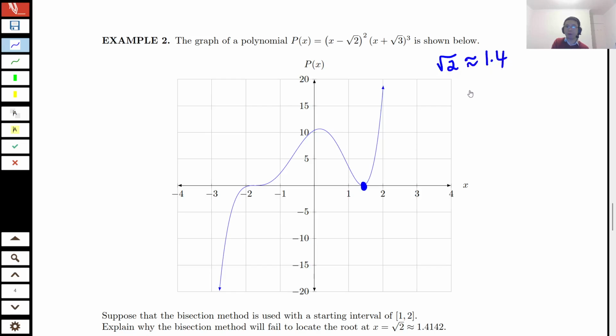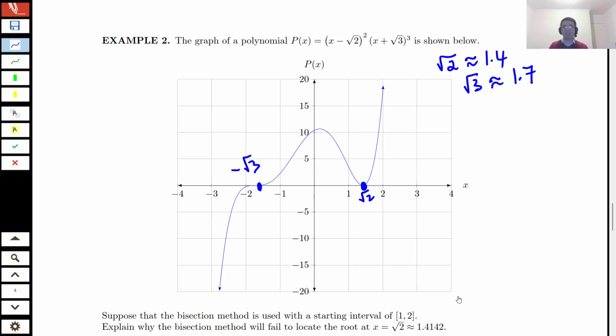Root 2 is about 1.4, and root 3 is approximately 1.7. And based on this rule, I'm expecting a turning point at root 2 and a stationary point of inflection at negative root 3. Notice the stationary point of inflection isn't actually at negative 2. It's at negative 1.7 because I've got the root 3 in that bracket.